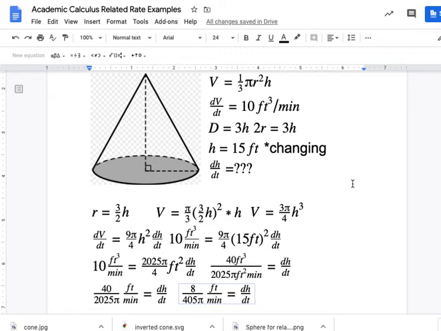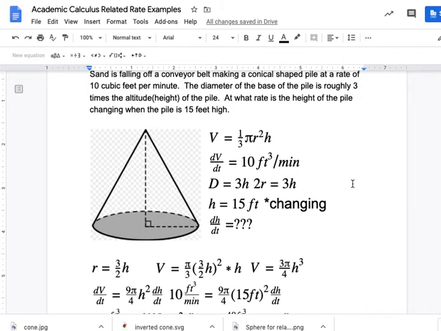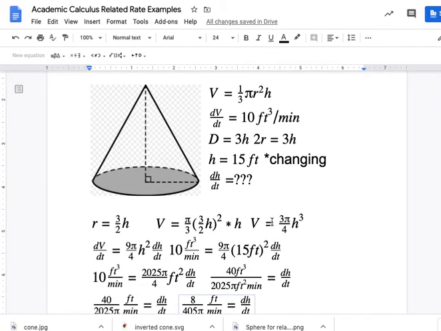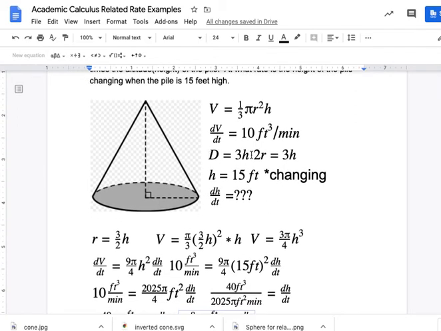So the important thing when you do a problem like this, when you have these two variables, r squared and h, is this step where I identified what we're looking to solve for becomes very important. Most times you're going to have some sort of equivalence, diameter to 3 heights, something like that, you can use to eliminate one of your variables, and it becomes important to make sure you eliminate the correct one.